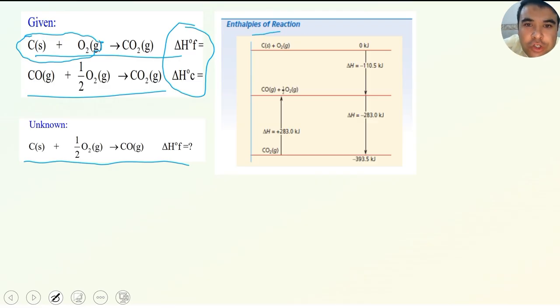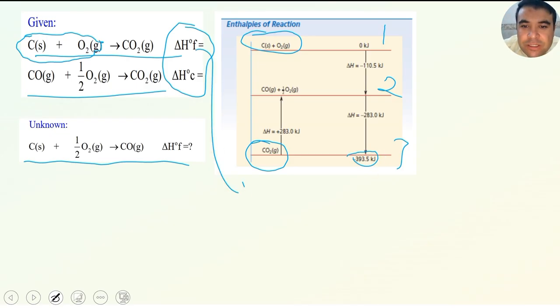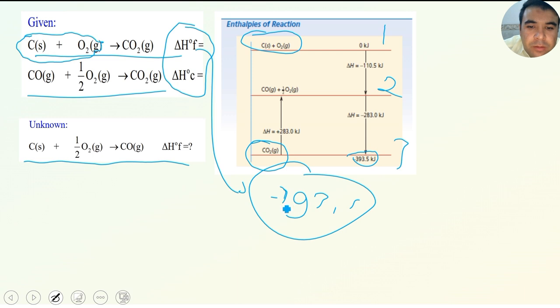So carbon and oxygen are on the first line, and CO2 is on the third line. So between 0 and minus 393.5, it's minus 393.5. So the delta HF for step 1 is minus 393.5 kilojoules.